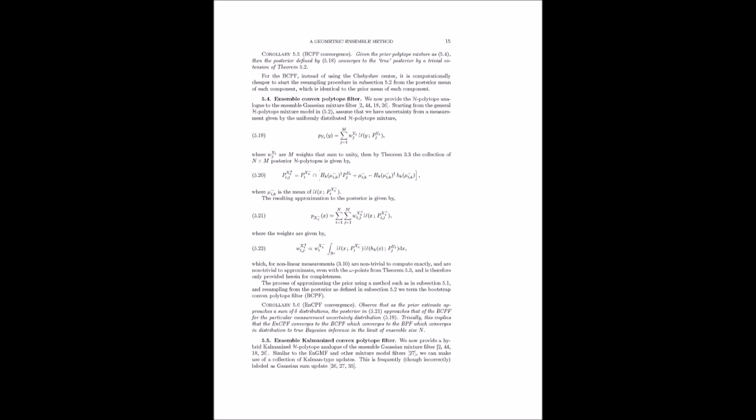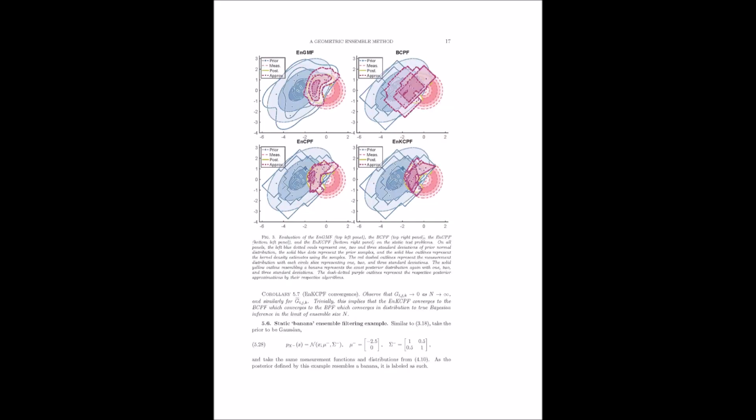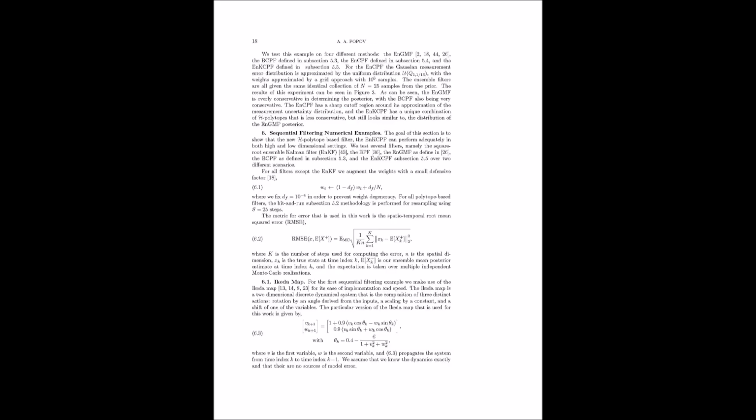You might have your prior belief represented by one polytope, and then you get a new measurement represented by another polytope, and the intersection of those two polytopes represents your updated belief after you've incorporated the new information. Okay, so you're taking the region where both sets of constraints are satisfied.